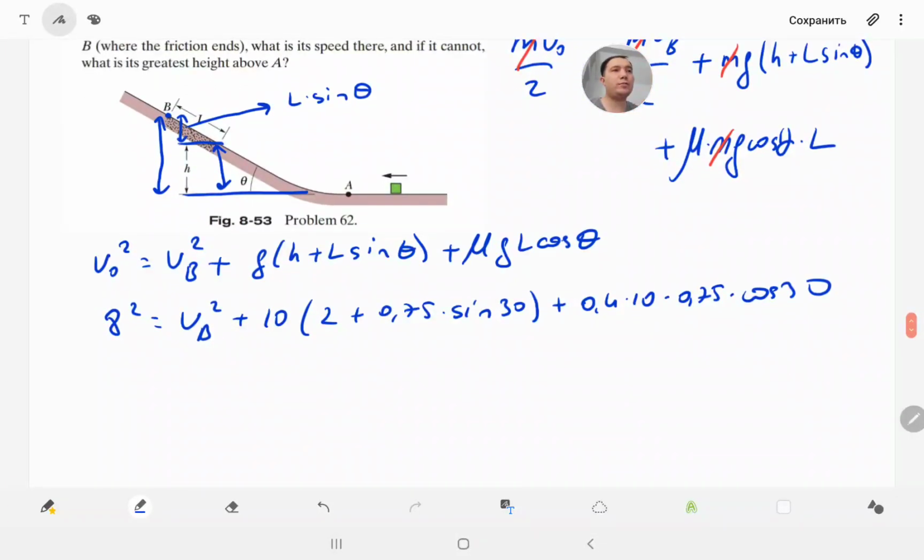Let me take my calculator. 10 times 2 plus 0.75 times sine 30, plus 4 times 0.75 times cosine 30.